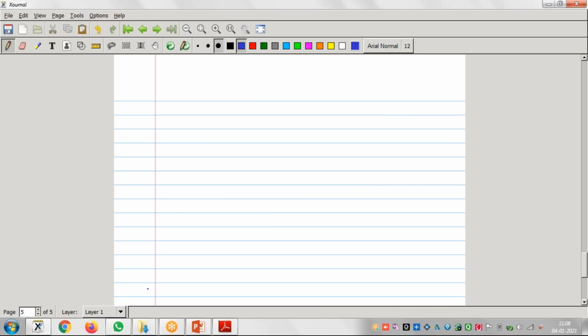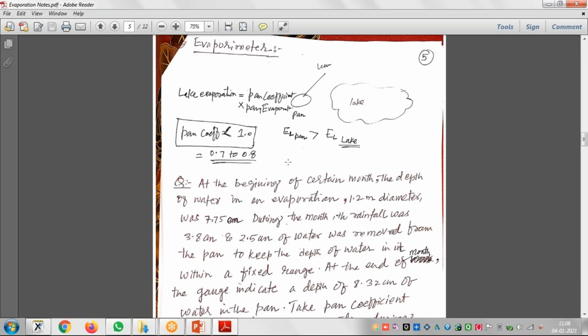Now, once pan is clear to you, we will see one problem over the pan. You remember this formula: lake evaporation is equal to pan evaporation multiplied by pan coefficient, right? This formula is very important.